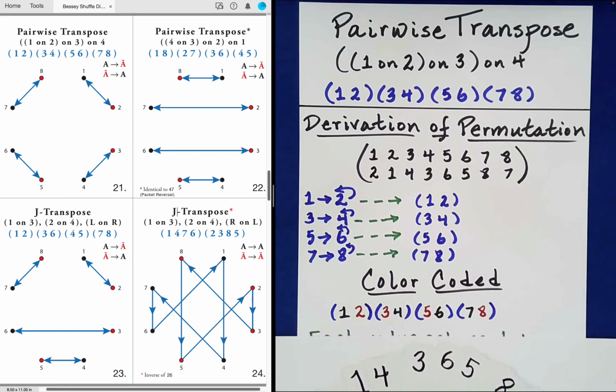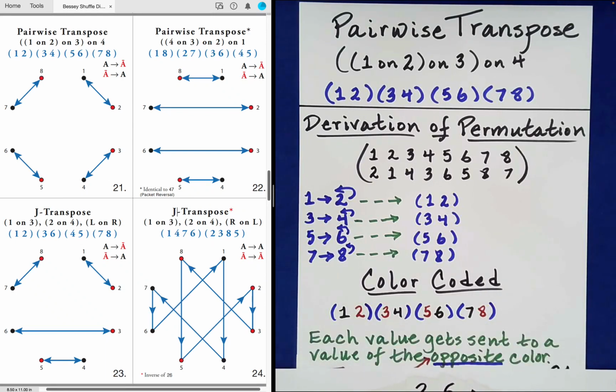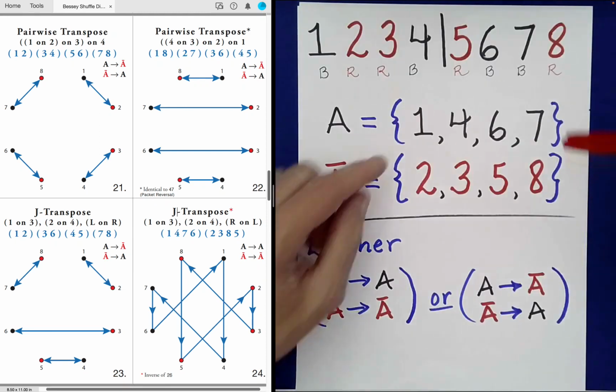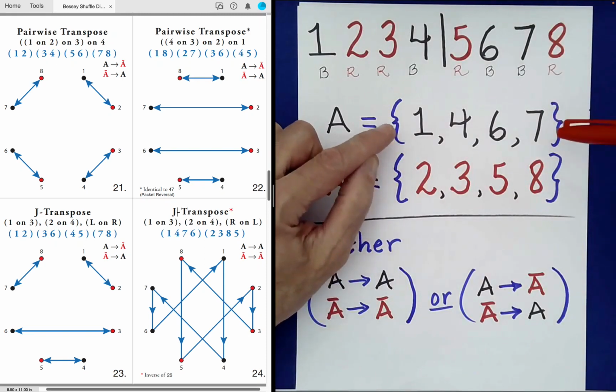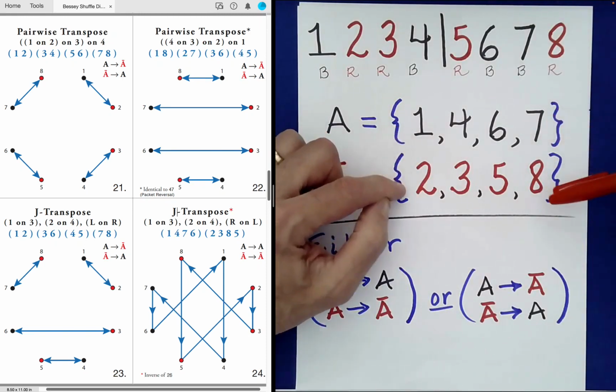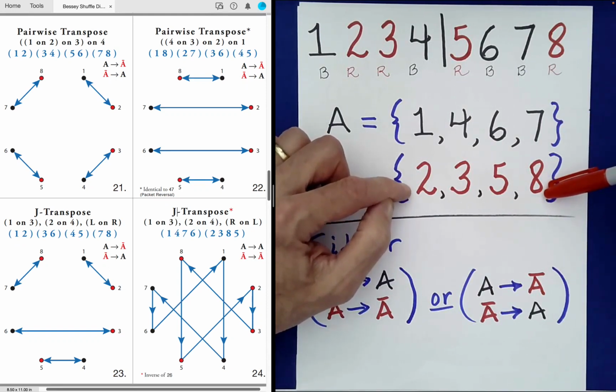So we can see that something very important has happened here. Each value gets sent to a value of the opposite color. And as we know from our previous videos, this means an inversion has occurred, which simply means that the cards in positions 1, 4, 6, 7 get moved somewhere to positions 2, 3, 5, 8, and vice versa.